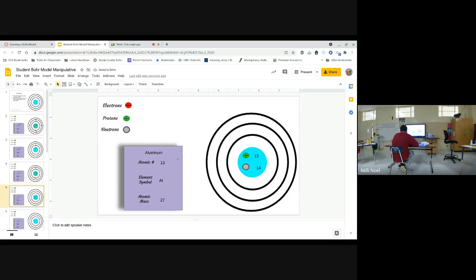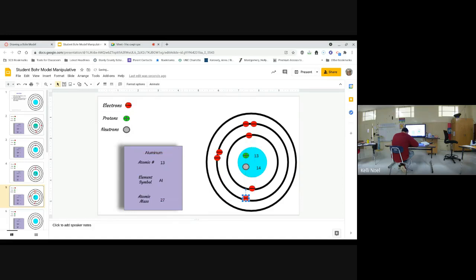Now, we're going to use the 13 to do the electrons. So we know that 2 goes here. 13 is greater than 10, so I know that I'm going to need all of the 8 for the second ring. Electrons like to be paired up. They don't like to be by themselves, so we tend to pair them up in 2s from here on out, if possible.